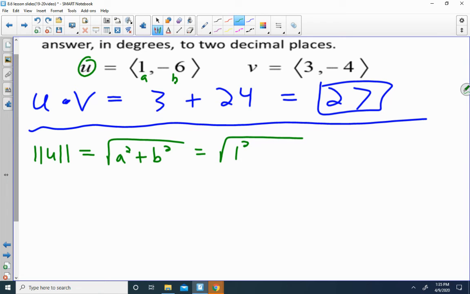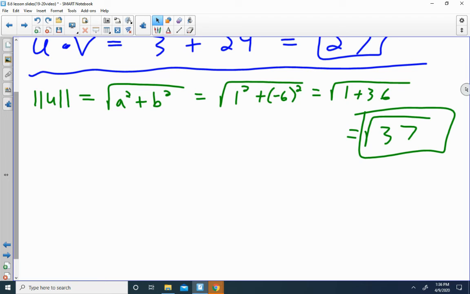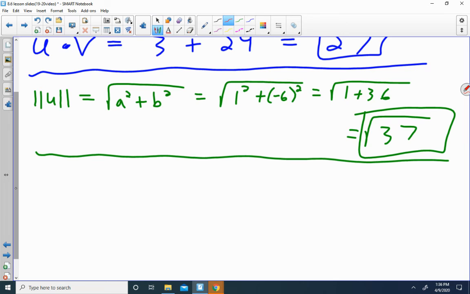So I have to do 1 squared plus negative 6 squared, which will give you 1 plus 36, which will just leave you with the square root of 37. No need to simplify that. We'll just plug that into our final equation, and we'll be good. Also, it's a prime number, so you couldn't break it down anyway, even if you wanted to.